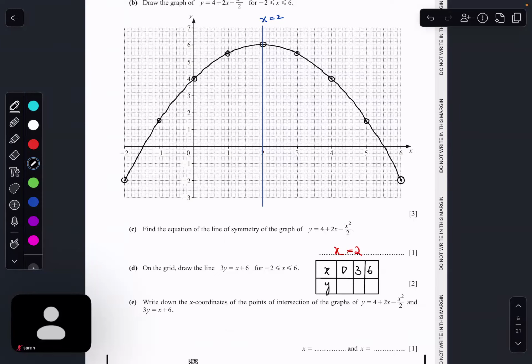I've chosen the multiples of 3 because it will be divided by 3. So when x is 0, y should be 6 divided by 3, that is 2. When x is 3, that should be 9 divided by 3, that is 3. And when x is 6, we have 12 divided by 3, that is 4. So these are the coordinates.